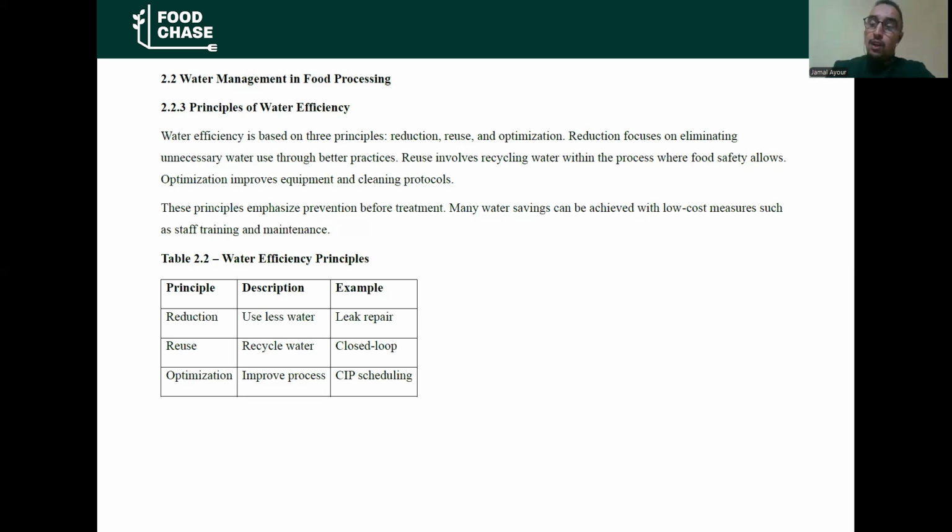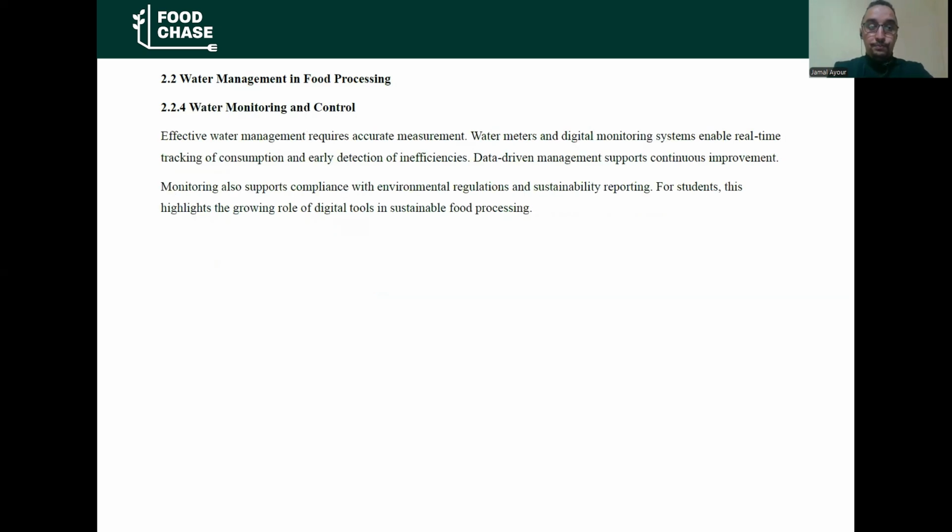Use other materials and new technologies to optimize the consumption of water for any industry. In this table we present some principal technologies for reduction, reuse, and optimization, with different descriptions and examples of technology that are used for water consumption.